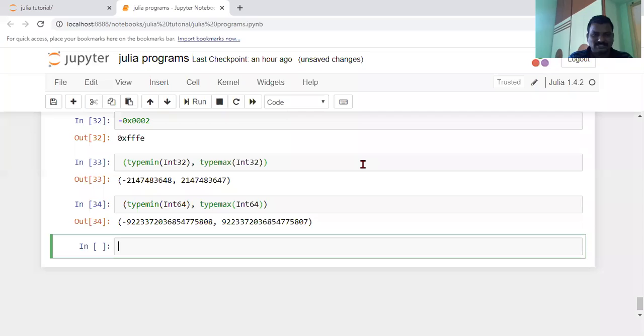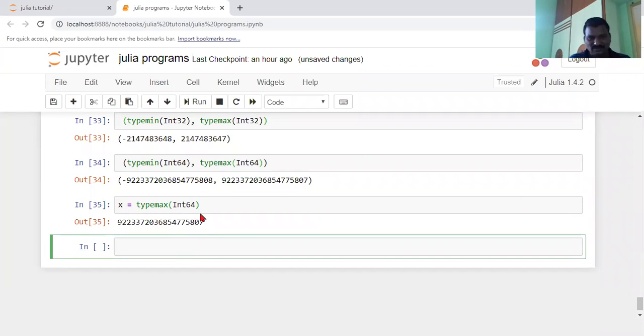Consider the typemax value, this number. If you want to go beyond that number, x plus 1, for example, where x has the maximum value of some type.